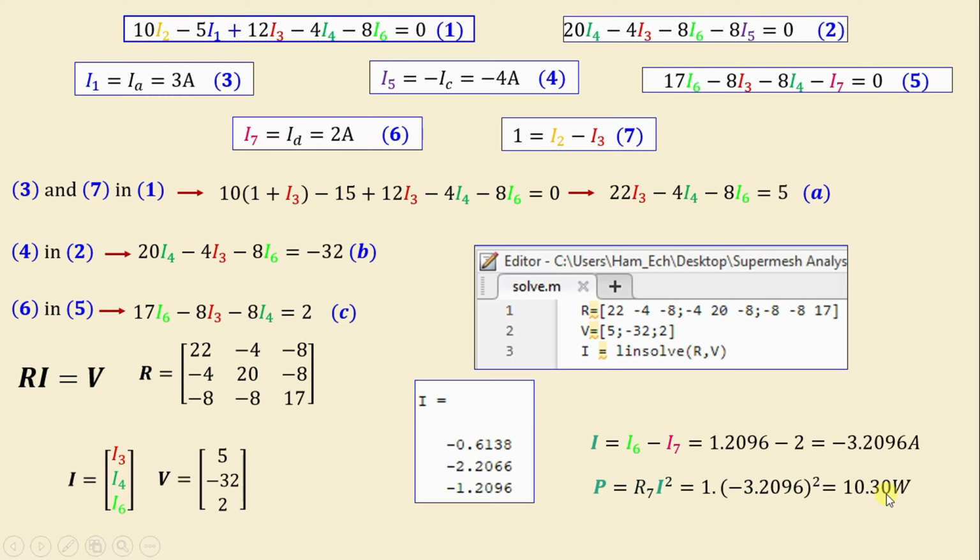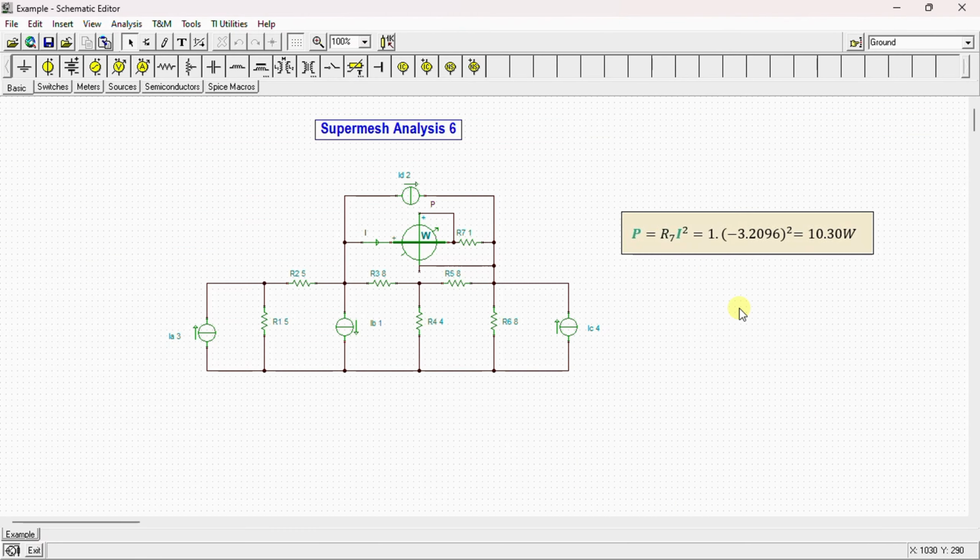After completing the calculation, we conduct a simulation using a SPICE simulator to verify our results. Now let's proceed to the SPICE environment. Here is our network drawn in a SPICE simulator. We need to calculate the dissipated power in the 1 ohm resistor.